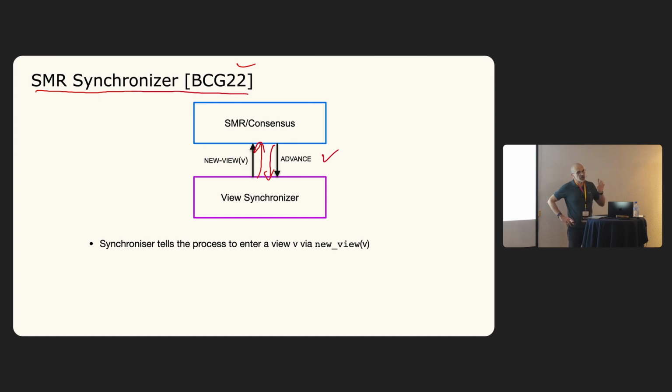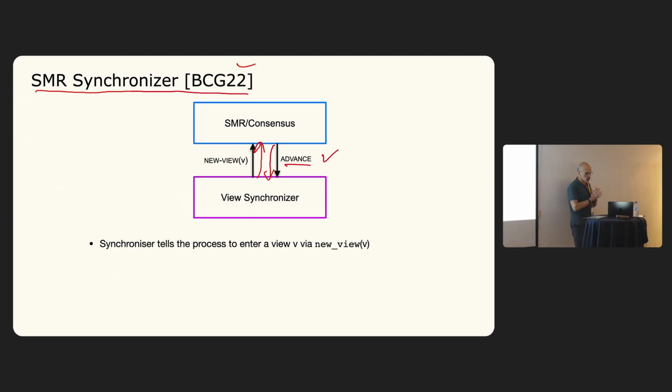That requires that the application monitors the situation, so it sees if everything is okay in the specific view, or maybe we are not getting messages fast enough, or maybe a leader stops sending us messages. If it detects things like that, it issues the advance request, and only then the view synchronizer will execute this protocol. It exchanges some messages, f+1 to f+1, and then it produces a new view.